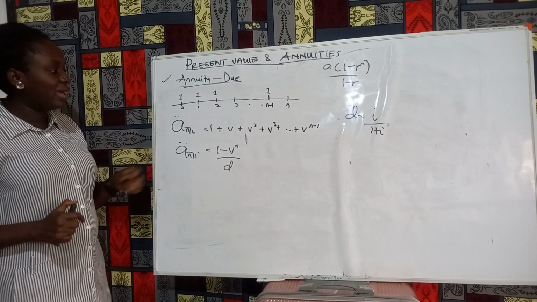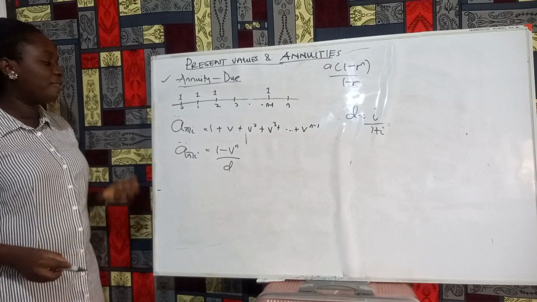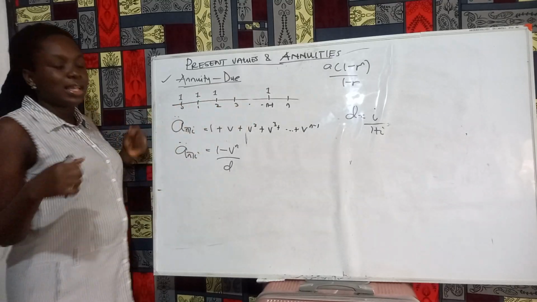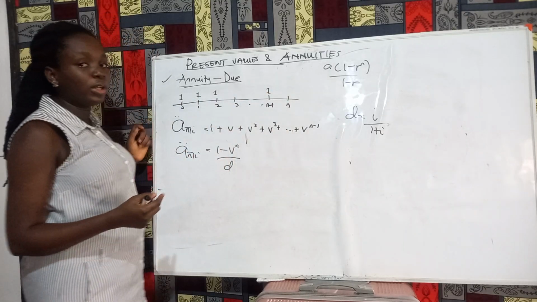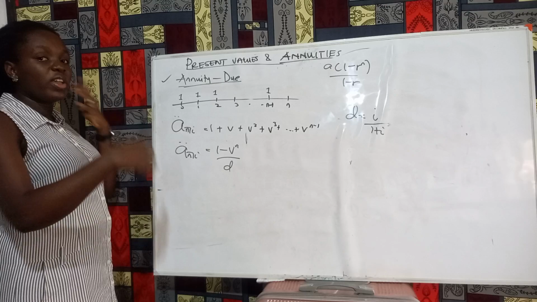So you can also find the future value of annuity due. That's the value of this series of payments at say time n. I mentioned earlier on that you can find future value at any time based on where you're referencing.